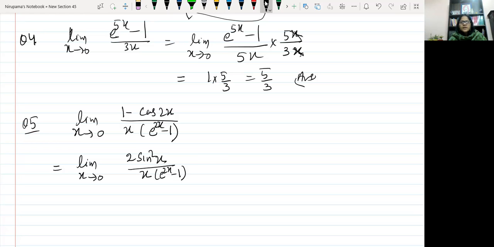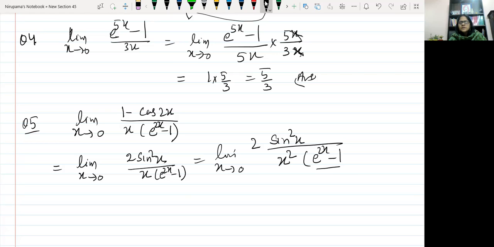So limit x approaches 0, in the numerator I can write sine square x, and the denominator can be written as x square, here e to the power 2x minus 1 by x. Is it okay? Because you have x here, I have taken x square by x, so mathematically it is correct.